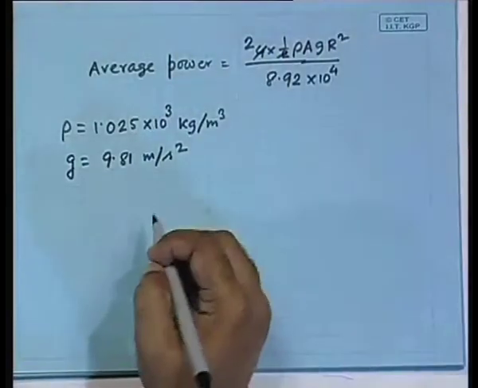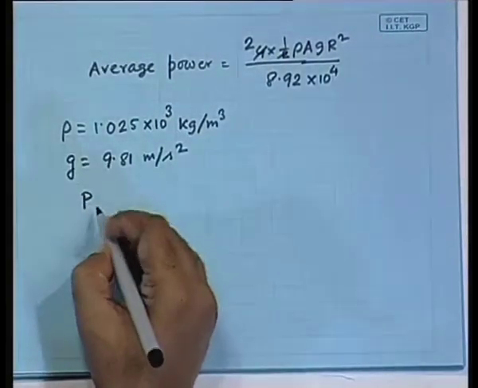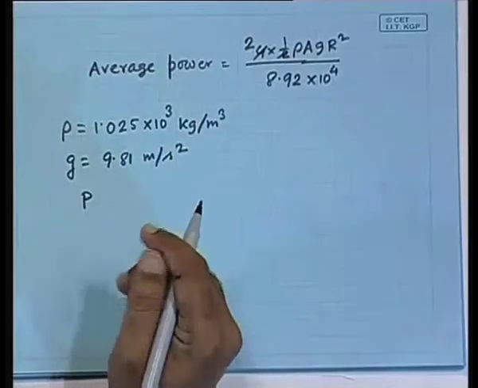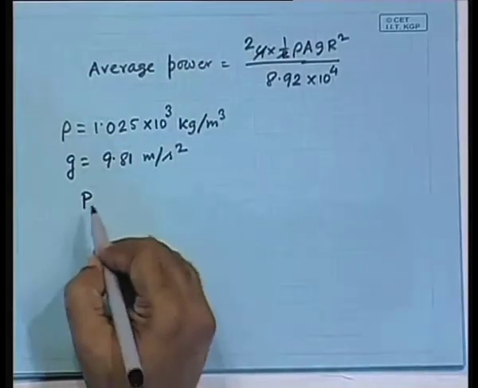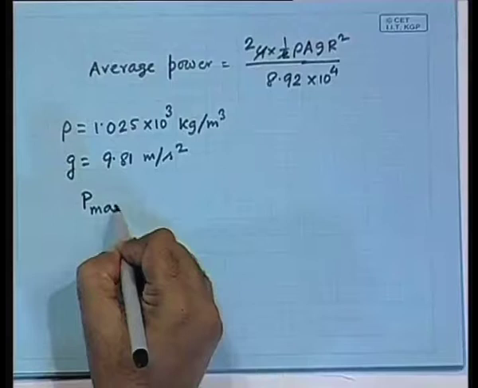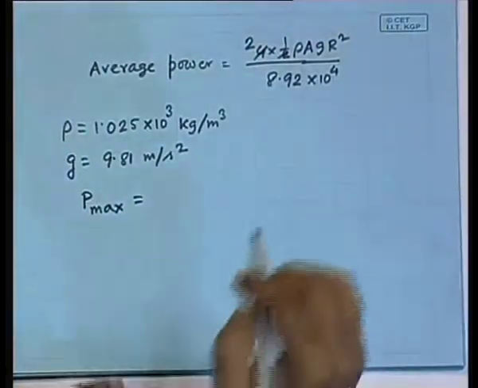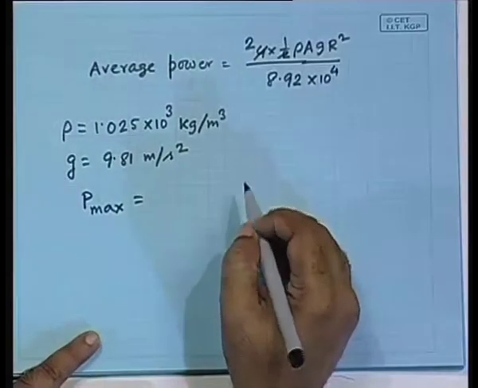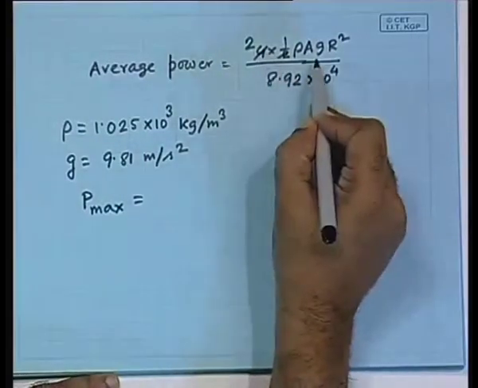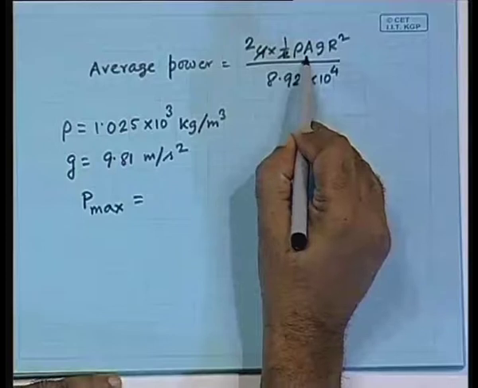So, this gives you P, we will give the nomenclature P max, because this is the theoretical maximum that you can generate, right. So, can you just substitute this and tell me the values, something times A r square.